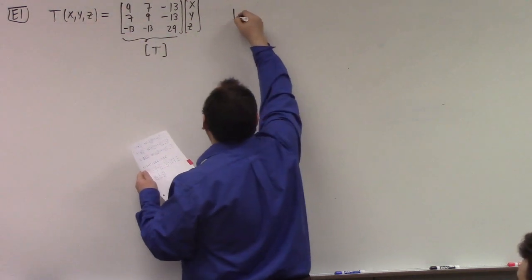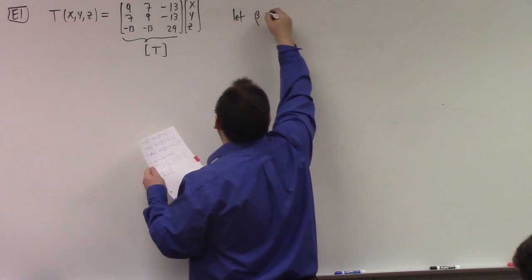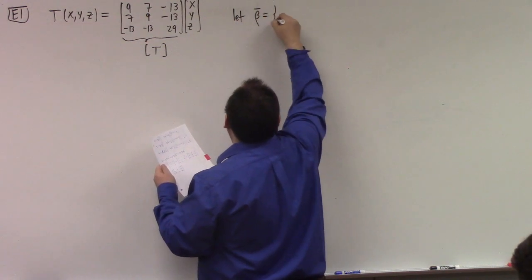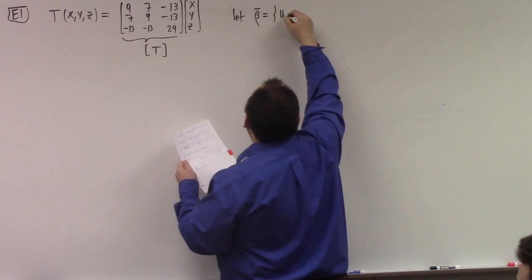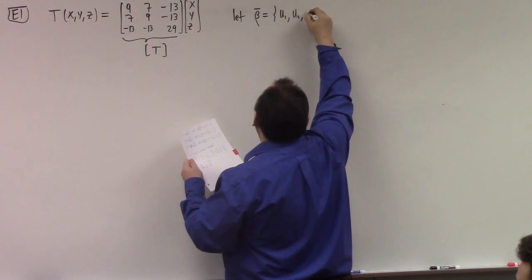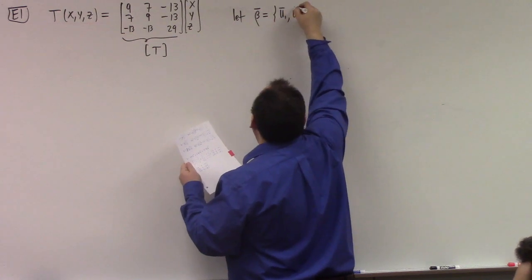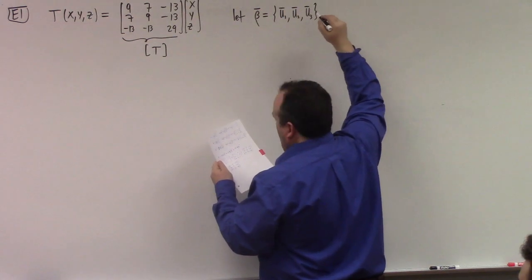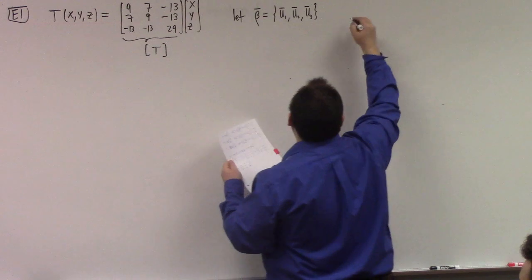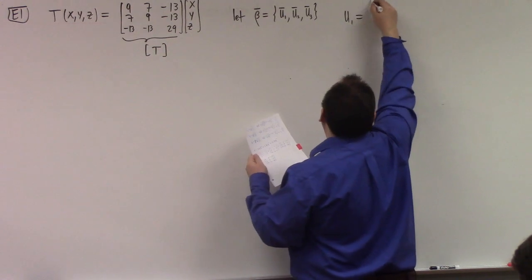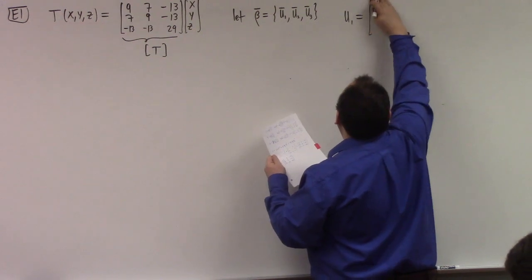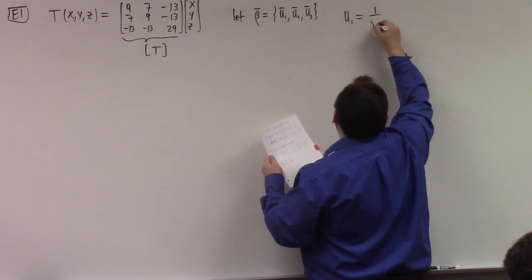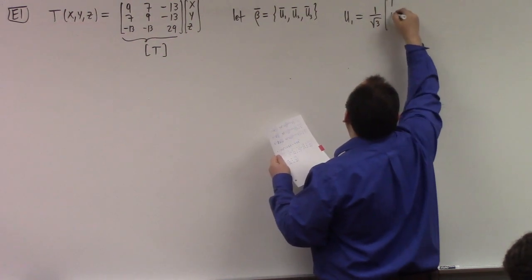I want to let beta bar be equal to U1, U2, U3. Specifically, U1 is 1 over root 3 times (1, 1, 1).